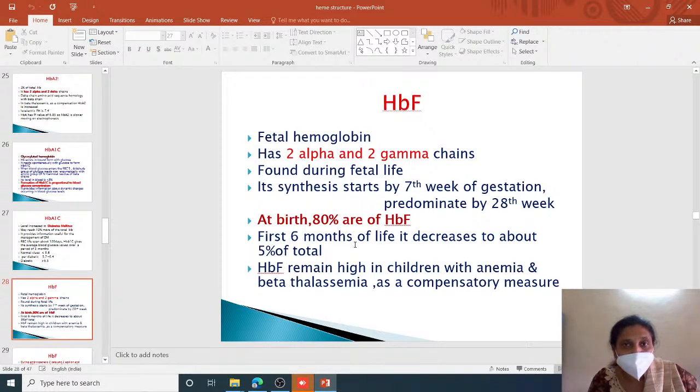But sometimes HbF levels remain high in infants with anemia and beta thalassemia as a compensatory measure. So in normal healthy infants, the level of HbF should drop to 5% in the first 6 months only. But if HbF levels remain high after 6 months, that indicates anemia or beta thalassemia.